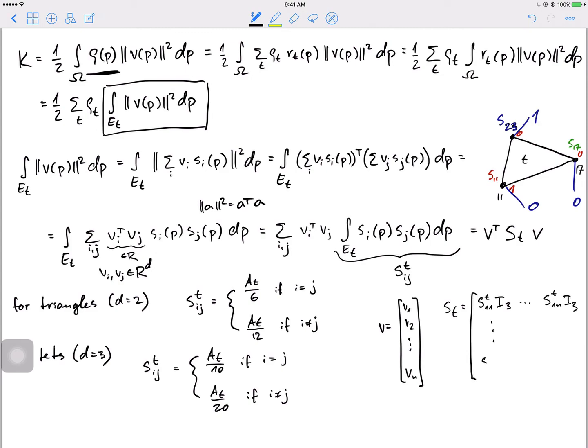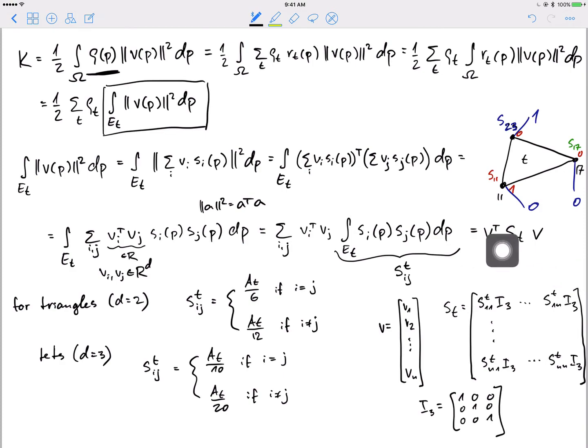This would be the same idea as S_TN1 I3, and this would be S_TNN I3. These are the coefficients we have computed. This is just a technicality, plugging in the 3x3 identities, just to make this matrix-vector product possible, okay?